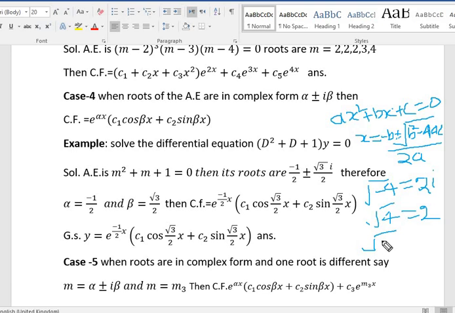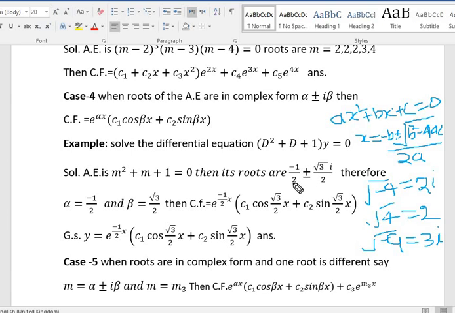Similarly, square root of minus 9 is 3i. So when I try to solve by using this method, or you can write by using calculator also, it is minus 1 by 2 plus minus square root of 3i divided by 2.